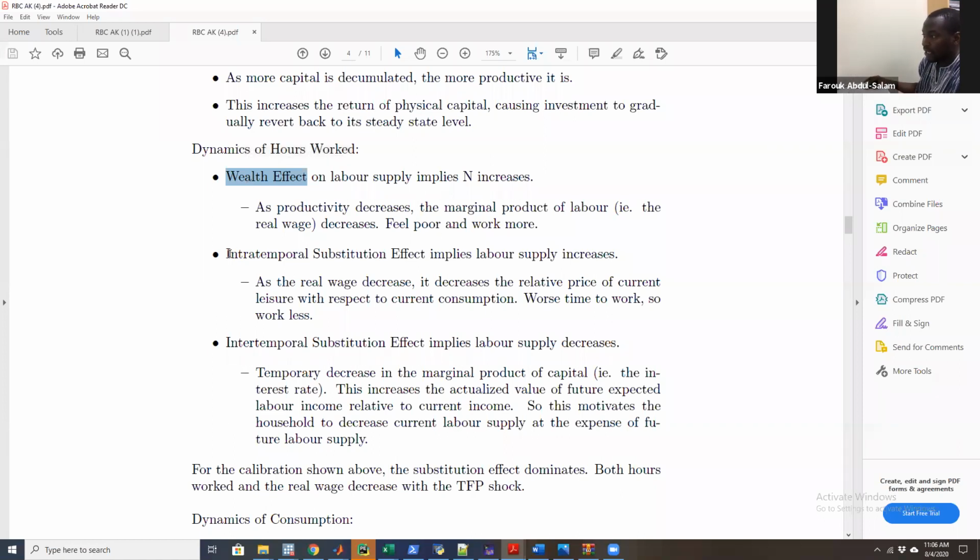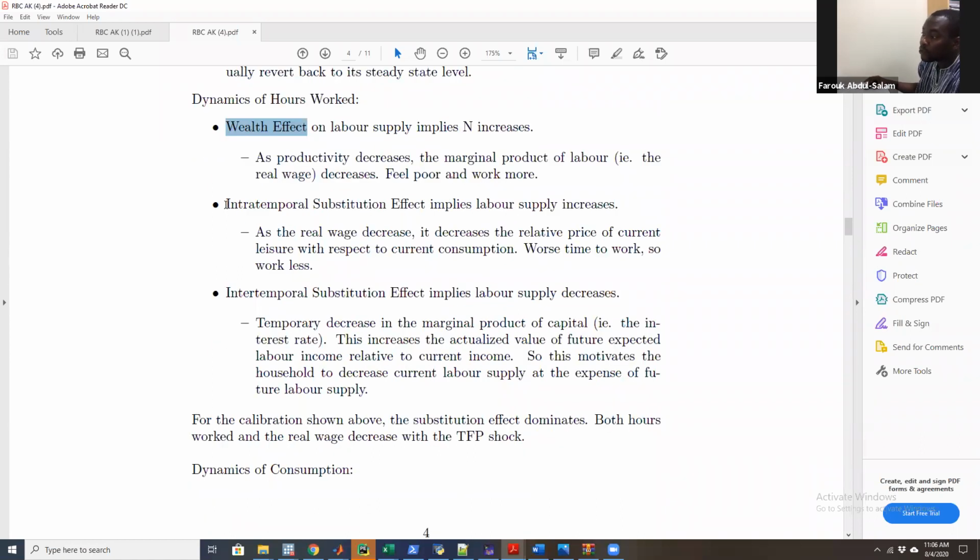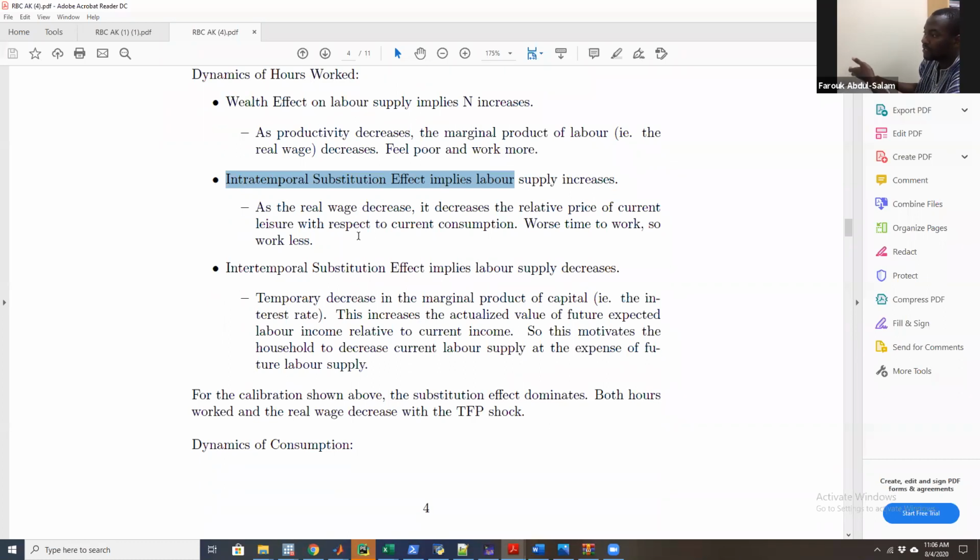Again, this is not the only effect that might set in. There might also be an intratemporal substitution decision that you are making. And here, the effect might be the opposite of the wealth effect that we saw earlier. How is that? It's very simple. Imagine a situation where the wage rate is technically down.